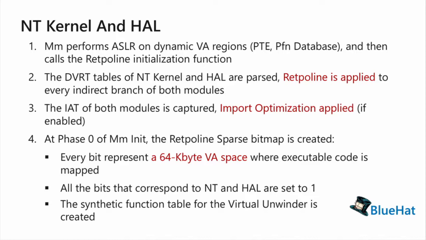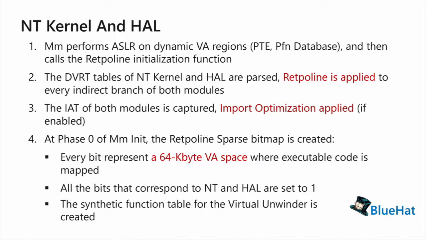And second, it calls the Retpoline initialization function. So what do we do? We analyze each DVRT table, and we skip the ones that are for the dynamic VA regions. We detect only the DVRT entries that are related to Retpoline. We parse them and we apply Retpoline for each indirect branch of NT-kernel and of HAL.